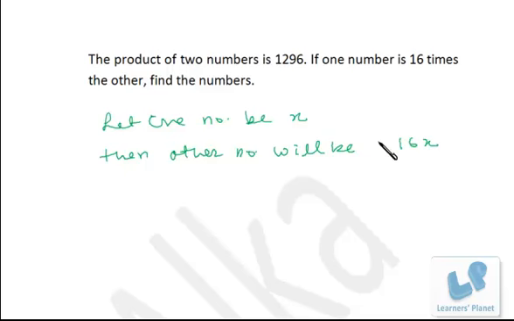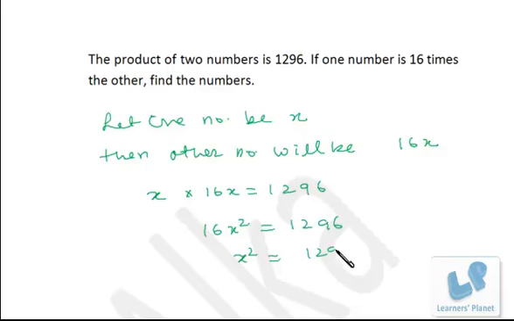Now the product of these two, x and 16x, is 1296. So x into 16x is 1296. That means 16x square is 1296. That means x square is 1296 by 16. First of all, let's simplify that.